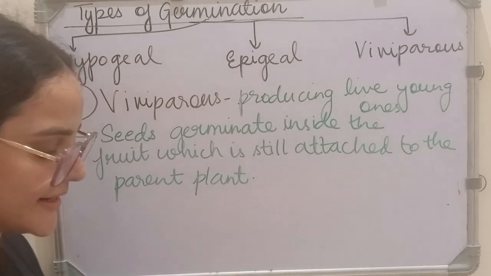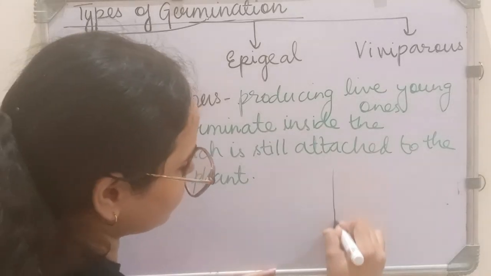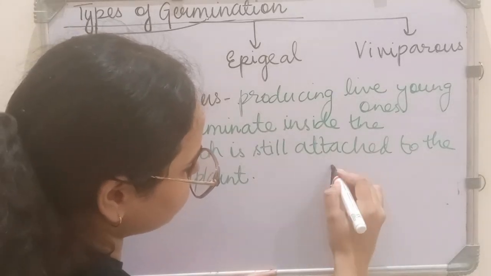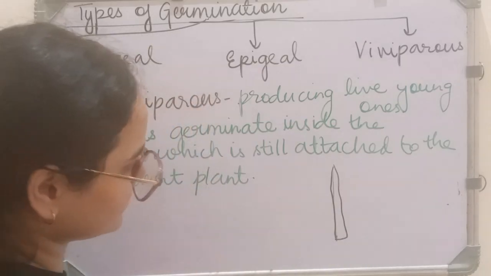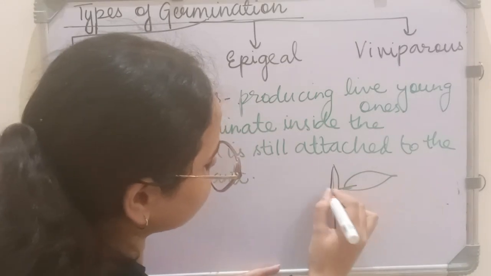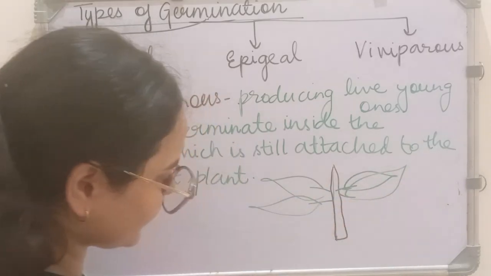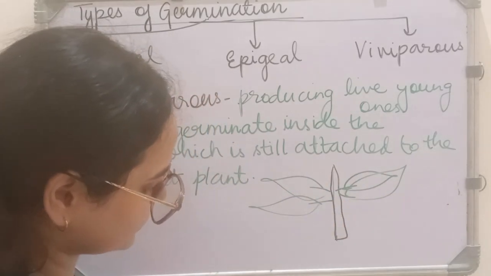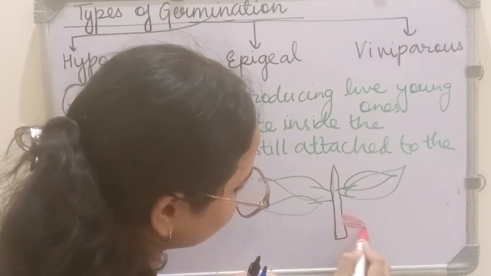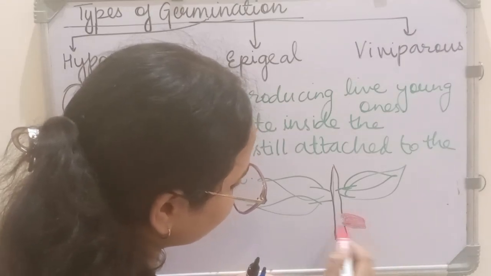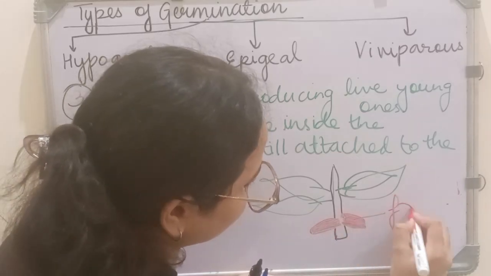Let's first understand it through the diagram. This is the stem of a plant, and these are the leaves. And this is the fruit.